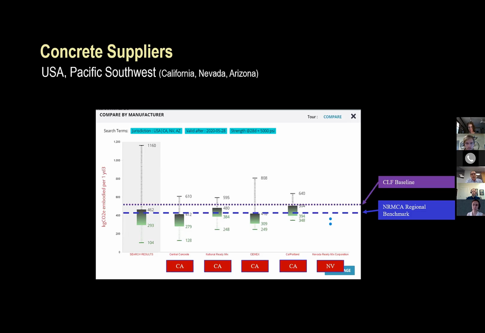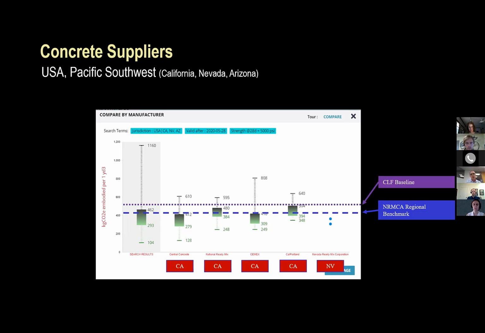Inside of EC3, we also set a high benchmark of what we call the CLF baseline, which is where we try to ensure at least 80% of all mixes are going to fall below that line, as you would expect. So that's on the high side. So this is actually really good about where you would expect to see the data. Now, there's some regionality in here that isn't totally a fair comparison.